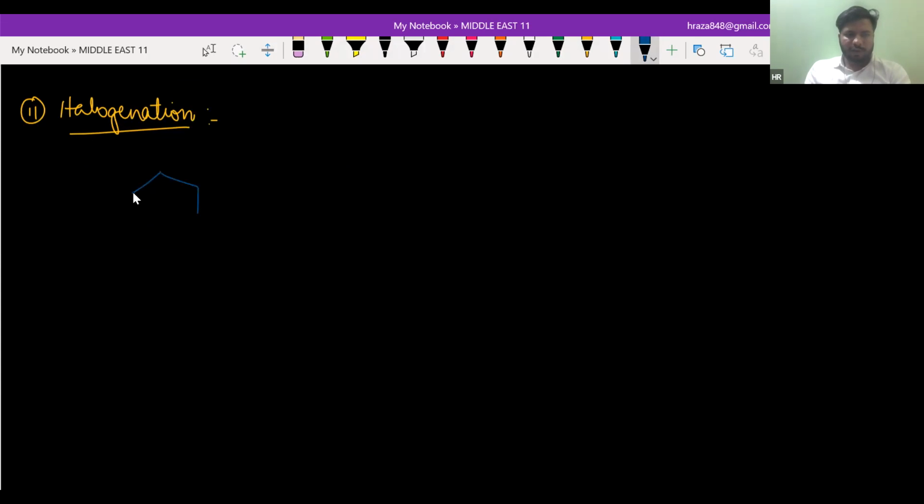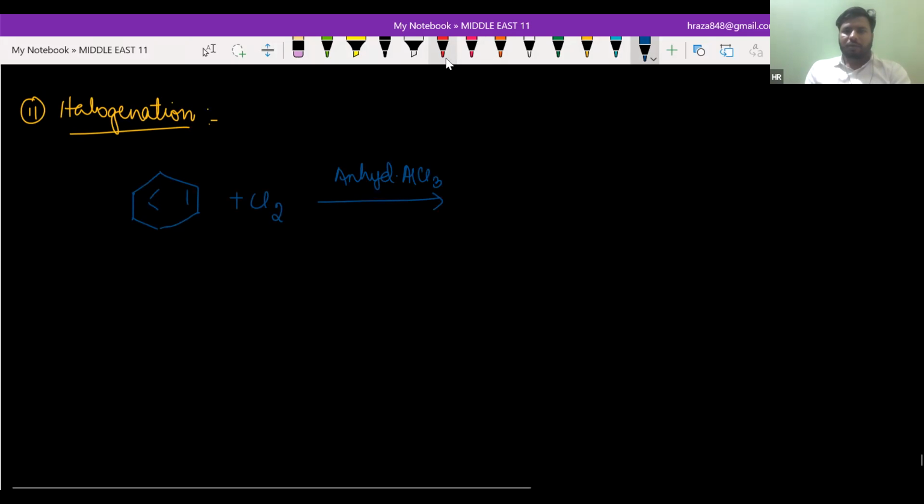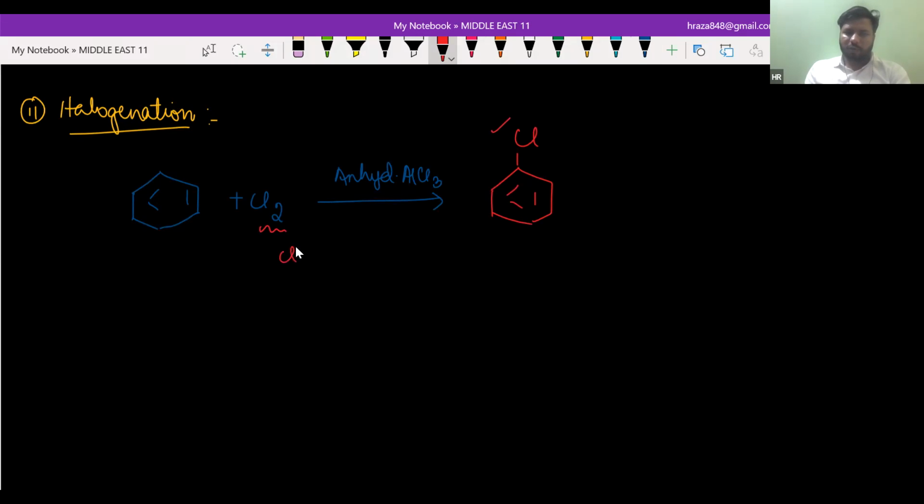So how halogenation takes place is, here is a benzene and we treat benzene with Cl2 in the presence of anhydrous AlCl3. So a product is formed, that is chlorobenzene, and you can see there are two chlorine. One of the chlorine is here and one of the chlorine is here, and hydrogen from benzene will be eliminated or substituted by chlorine and HCl will be formed.